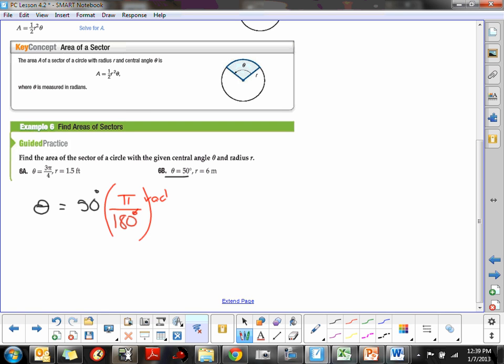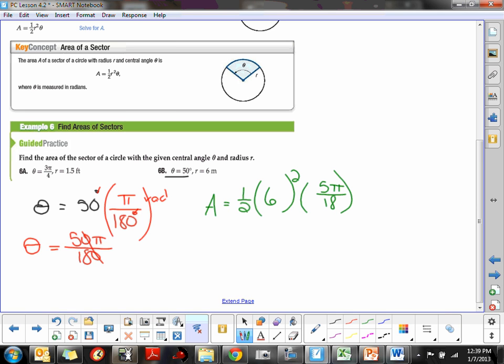So we can get rid of our degrees, and we'll have 50 pi over 180, which reduces to 5 pi 18ths for theta. Now the area of the sector is equal to 1/2 times the radius, which here is 6, squared, times our central angle in radians, 5 pi 18ths.